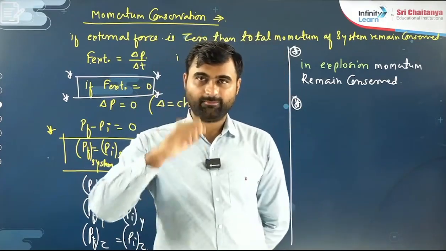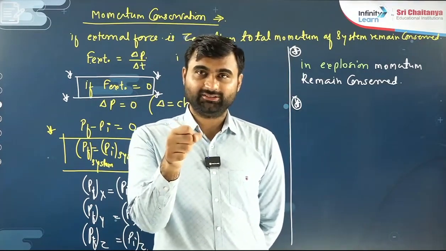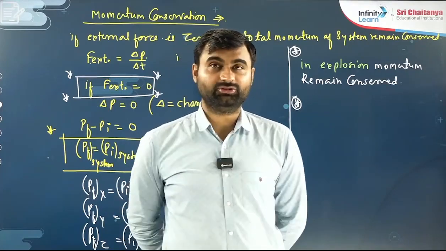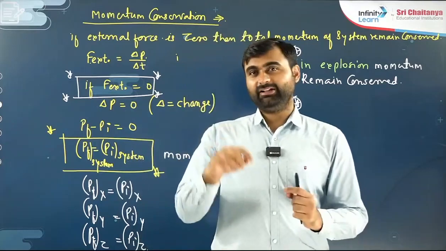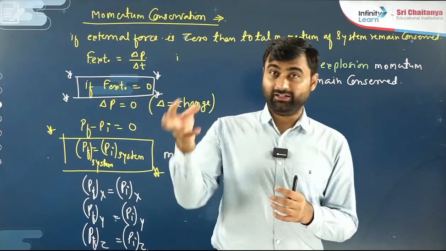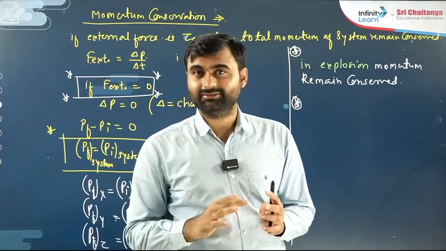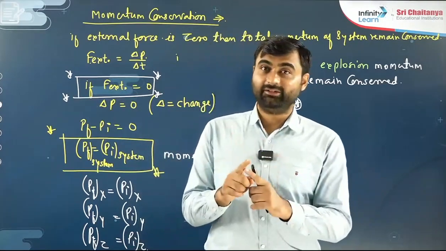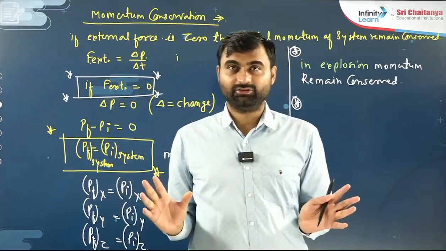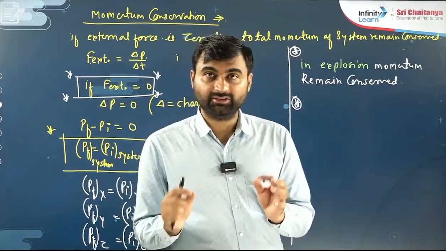You have a gun. Now you just trigger. What will happen? The bullet will come out. Did you apply any force on the bullet? No. Why does the bullet come out? Due to internal action. Whatever happened, happened inside the gun, right or not? So in the bullet gun problem also momentum remains conserved.